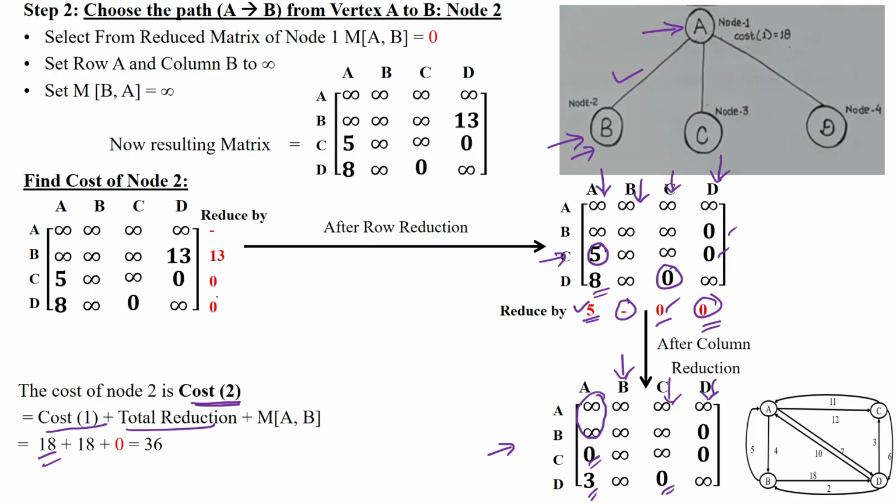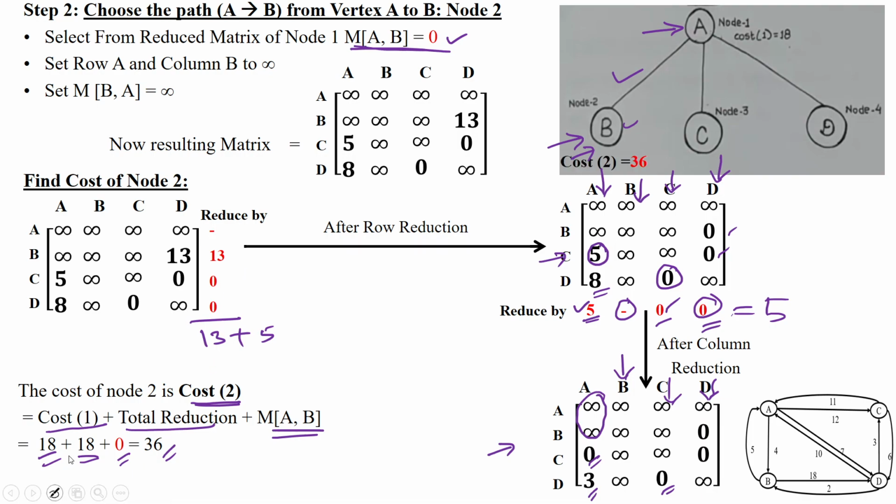Then the total reduction is row reduction 13 plus column reduction 5, so 13 plus 5 is 18. Then M of A comma B has the value 0. Substituting, the total cost is 36. Now we update the cost of node B as 36.